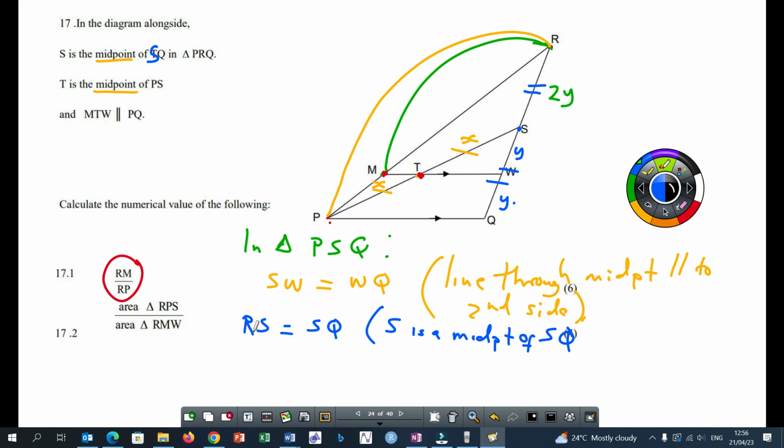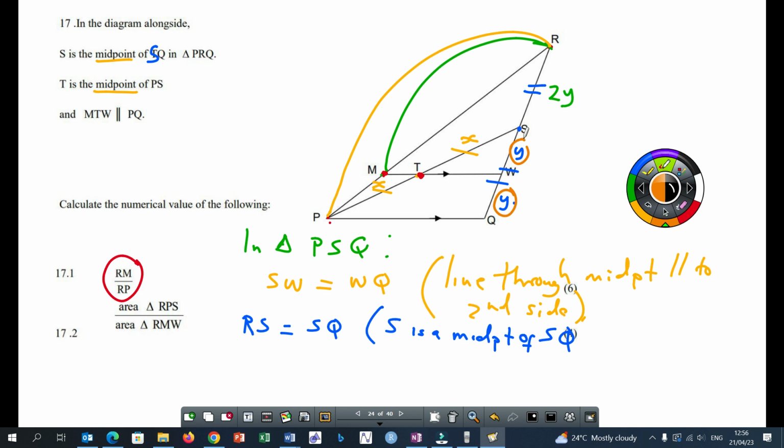So the best route here is to use the proportion theorem. By now you should have understood that using the constant makes things a little bit easy. It makes all the questions on your grade 12 proportion theorem very, very easy. If you understand that, you won't have any major problems.